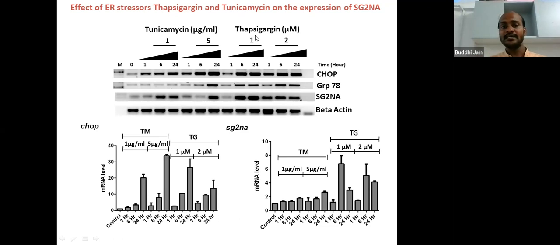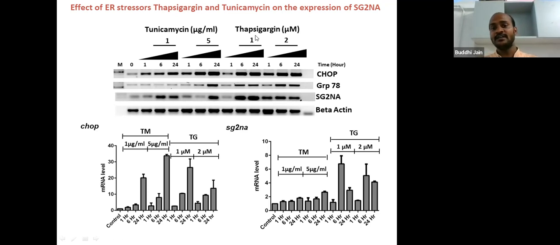In earlier experiments, we saw that if we deplete Ag2Na, there is an induction of ER stress. In this experiment, if we induce ER stress, there is an increased expression of Ag2Na. So both results further confirm that Ag2Na is playing some role in ER functioning.